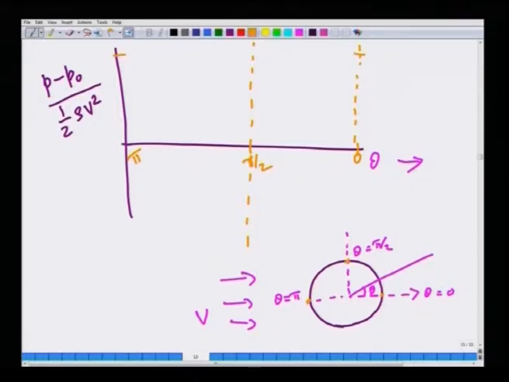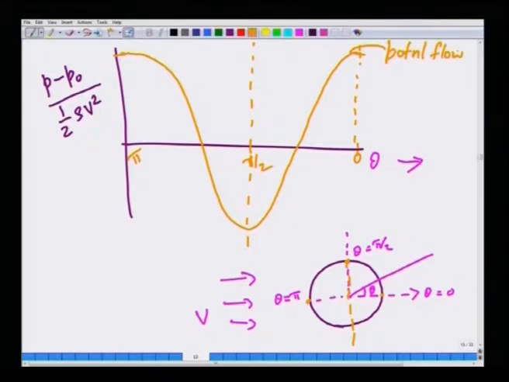So, the pressure curve will be completely symmetric about the theta equals pi by 2 line, and of course, it will also be symmetric about this axis, because of the symmetry due to geometry. But this symmetry is because the potential flow equations dictate that symmetry. Now, this is the potential flow prediction.